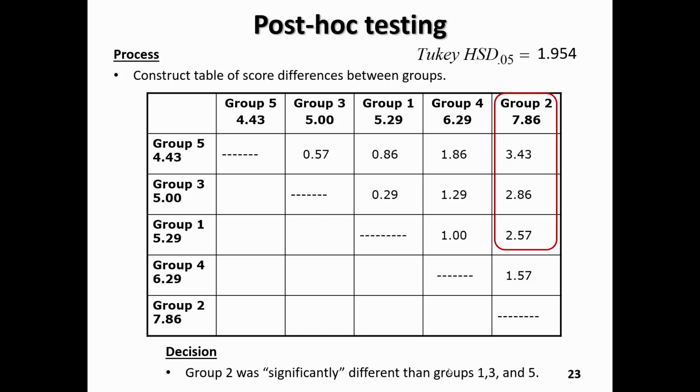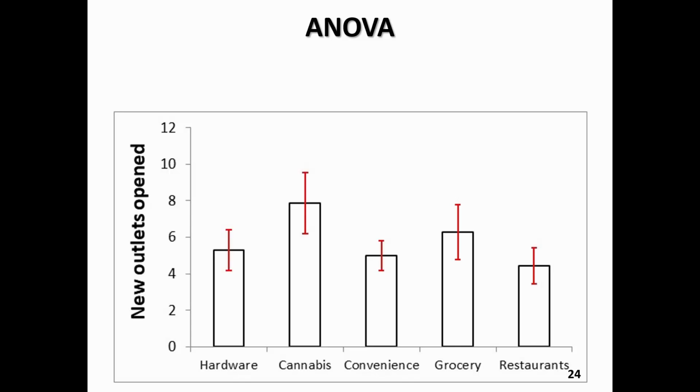Now, you could present the descriptive data in a table as we already had, but very often presenting the data graphically is much more powerful in illustrating where those differences reside. So what we see here along the x-axis, I indicate the business sector, and I ordered the business sector according to the group number that they were assigned, and along the y-axis is the dependent variable, which is the number of new outlets that were opened.